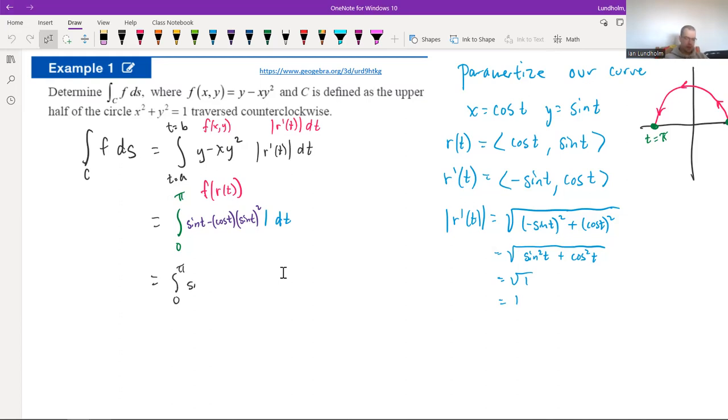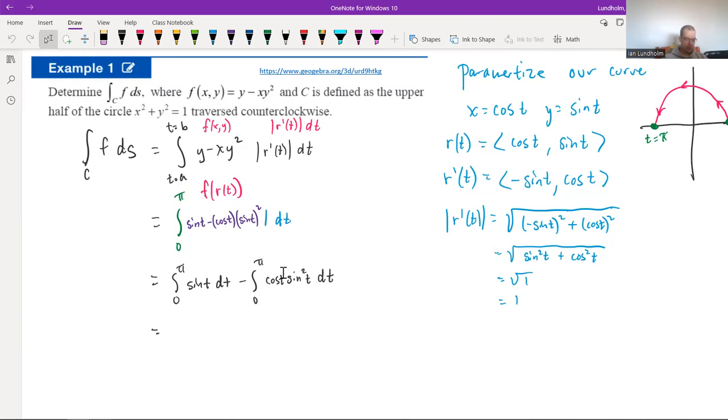So we're looking at sine t dt minus cosine t sine squared t dt. This first one, no big deal.